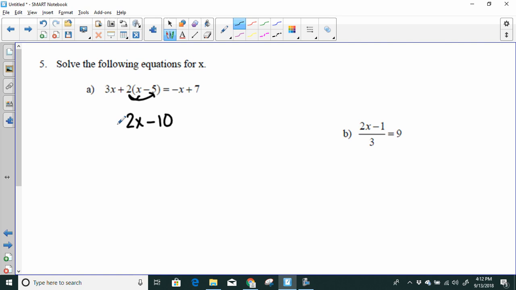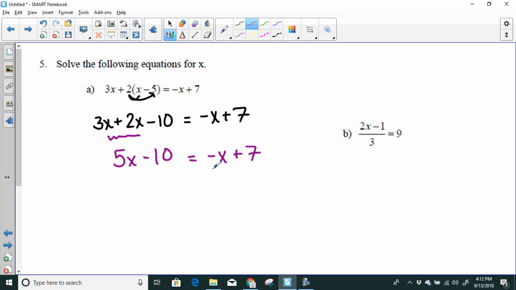We bring down everything else: a plus 3x, an equal sign, and negative x plus 7. Before we do any moving around, a smart thing to do is combine like terms. Combine the 3x and the 2x to get 5x minus 10 equals negative x plus 7.